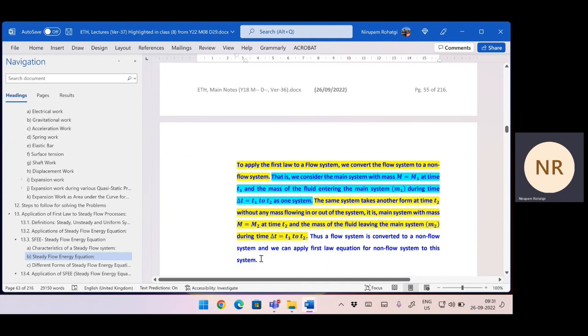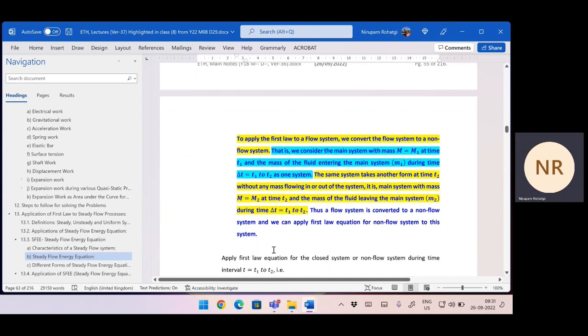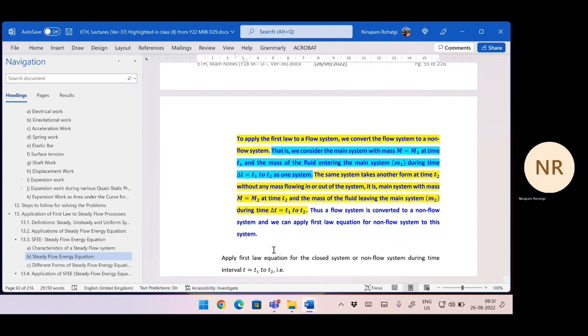Now, if we consider these two systems together, at T1 you have M1 plus m1, and at T2 you have M2 plus m2.